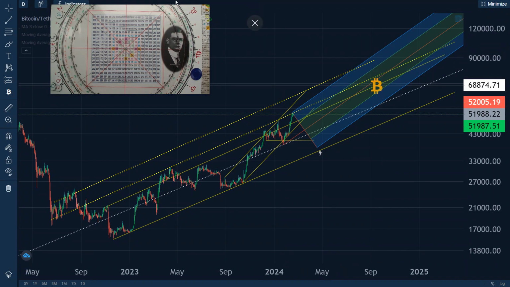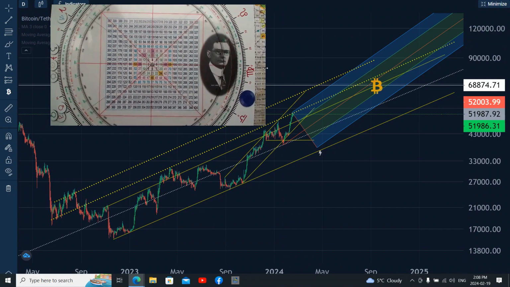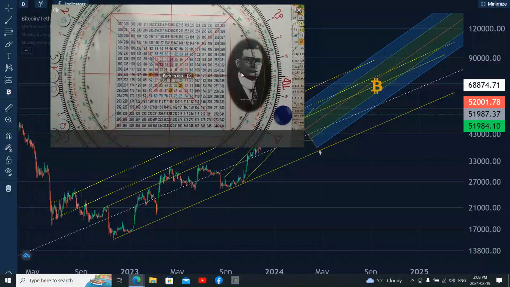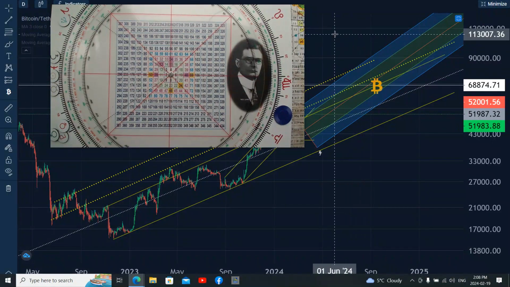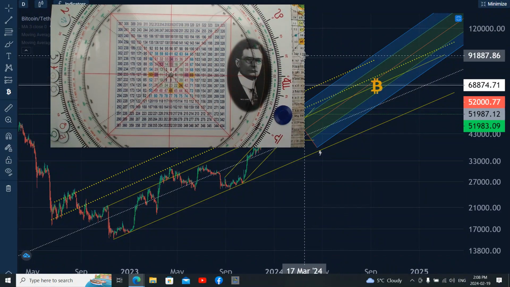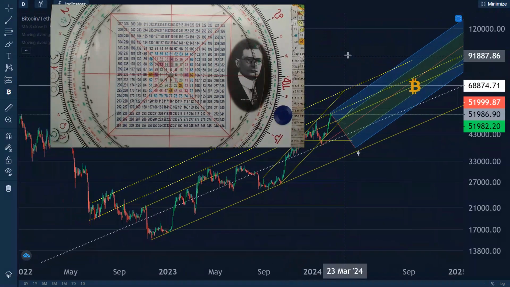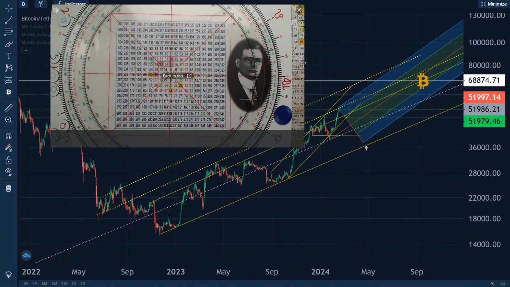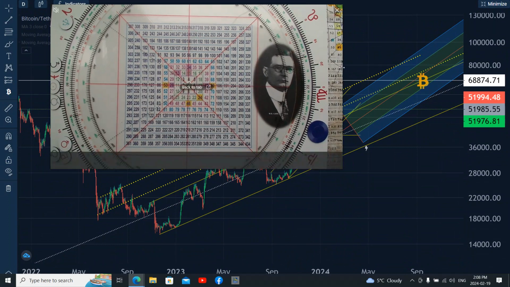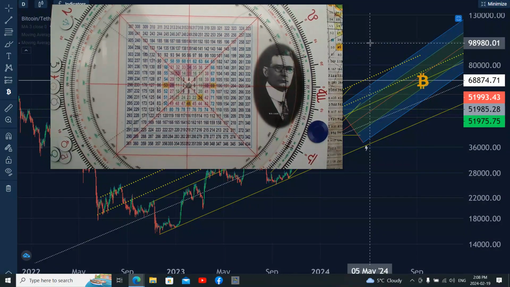Looking at the square, let's take a look at our future points. Let's make this a little bigger and move this over a bit. Right now is 53.